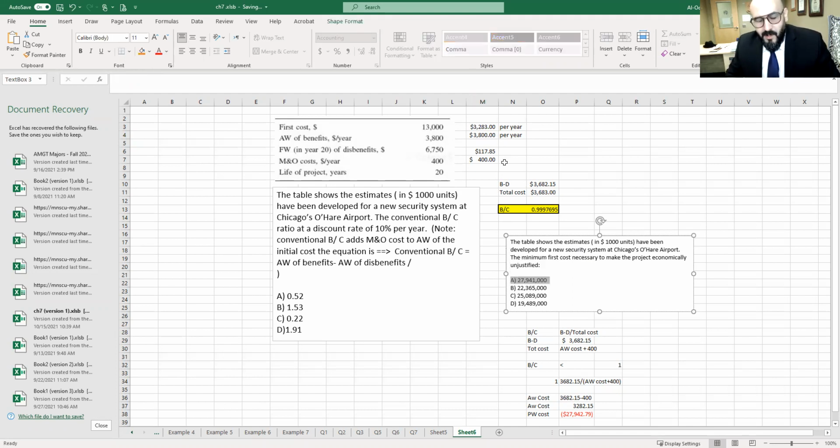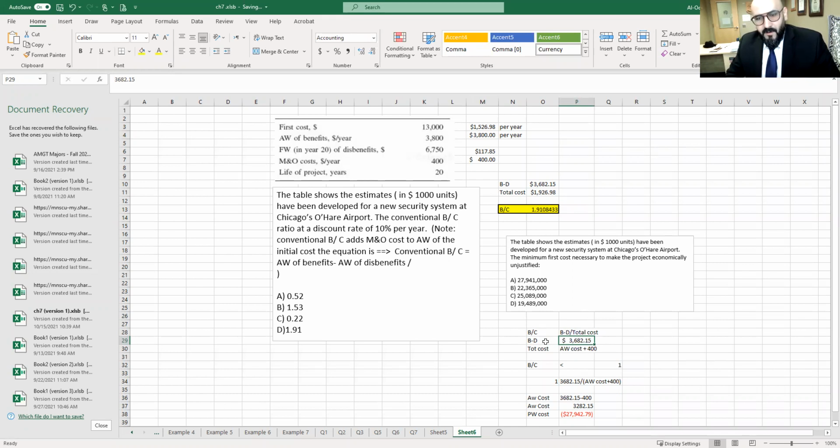However, this is not the way to answer your question. I'm just telling you one way of doing it. So we're going to keep this at 13,000 as given to us, and we follow the logical way to answer this question. Let's go back to the BC ratio. What is the BC ratio? The BC ratio would be the benefit minus the disbenefit divided by the total cost, as you see in this equation I wrote down right here.